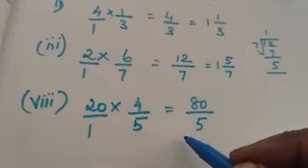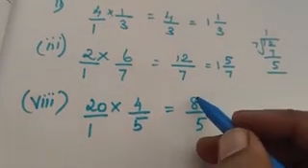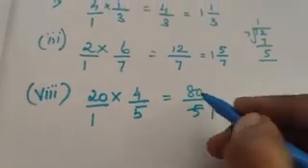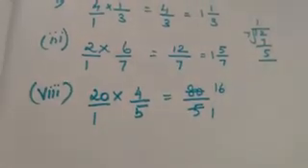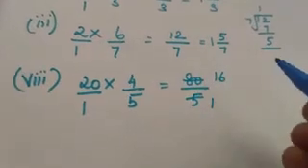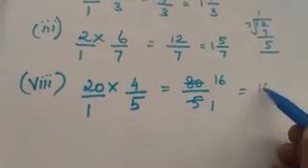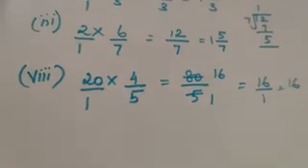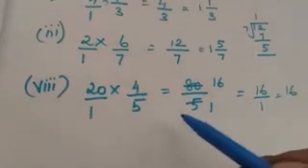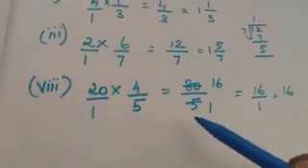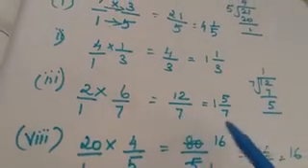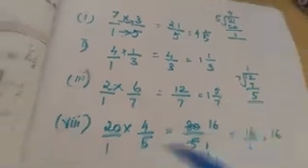Here you can reduce to lowest form, because 80 is divisible by 5 and 5 is too, right? 1 five is 5 and 16 fives are 80, right? So now the answer is 16 upon 1. Also you can write it as 16. So whichever number can be reduced, you can reduce it. If you could not reduce, then you can write it as a mixed fraction. I hope question number 3 is clear for you.